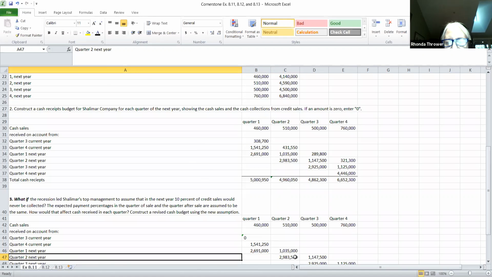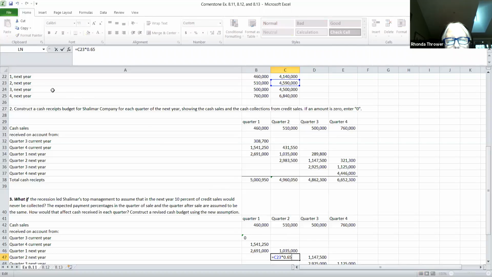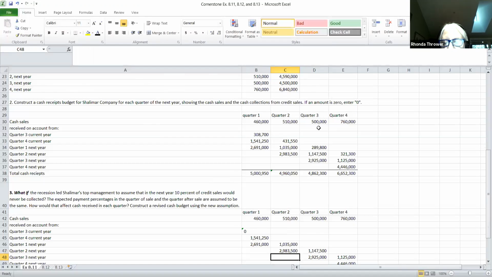For the second quarter, we collected 65% of cell address C23. So you can see here, this is where they got the figure times 65%. And then this would have been 25% of C23. For quarter three of the next year, 65% was collected in quarter three.